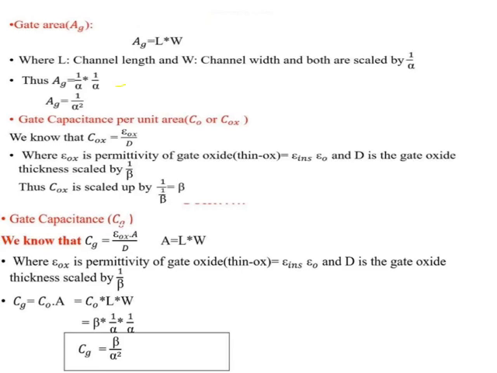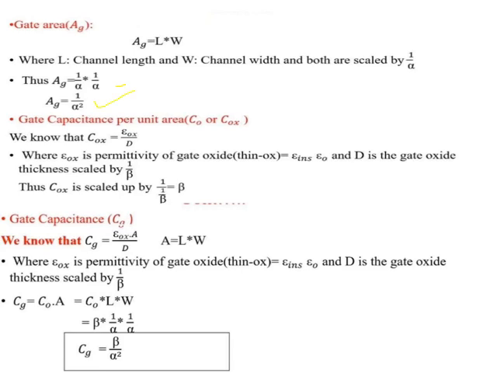So thus the new gate area is becoming 1 by alpha times L, 1 by alpha times W. Compared to the unscaled version, the gate area is now reduced by a factor of 1 by alpha square.